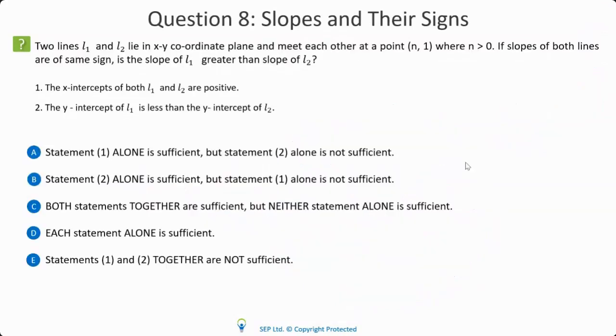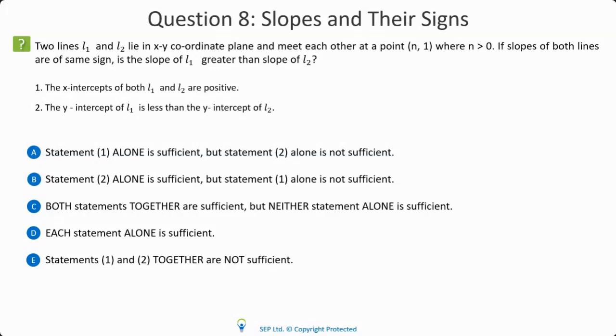Okay, now let's do one coordinate question. We have about 5 to 7 minutes. I would want you to do at least one data sufficiency question on coordinate. So here's the question, and let me bring up the poll. Here's the poll, guys. It's a very interesting question.